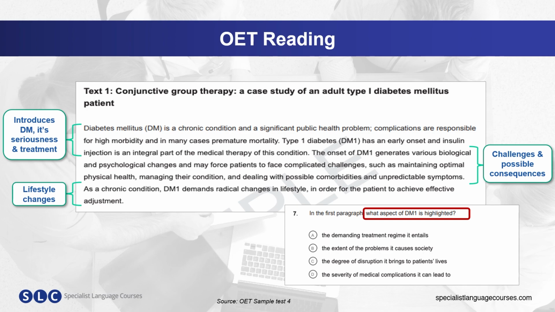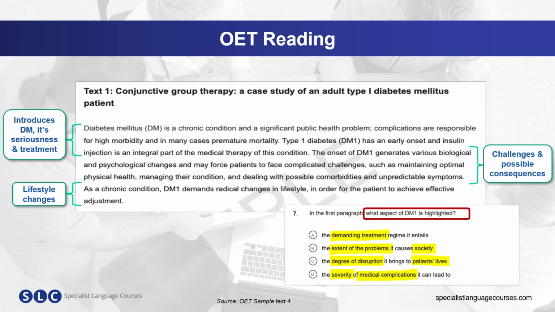So we need to ask ourselves, does the text highlight the demanding treatment it entails, the extent of the problems it causes society, the degree of disruption it brings to patients' lives, and the severity of medical complications it can lead to? And remember, we want to look at the paragraph as a whole.